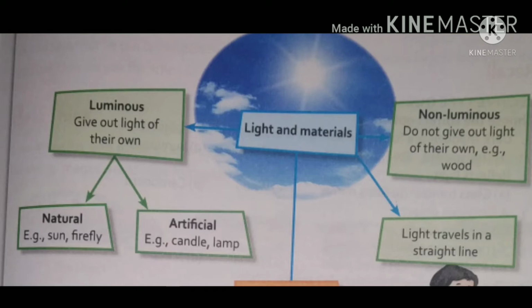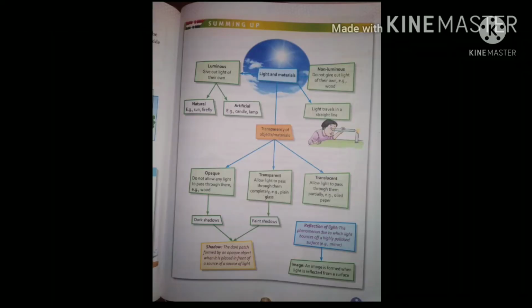Then we studied the characteristic of light. That means light travels in a straight line, isn't it? Before that, according to the capacity of passing light, we divided the materials into three types: opaque, transparent and translucent.